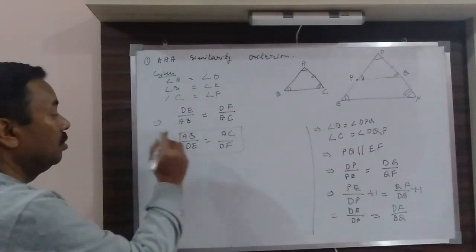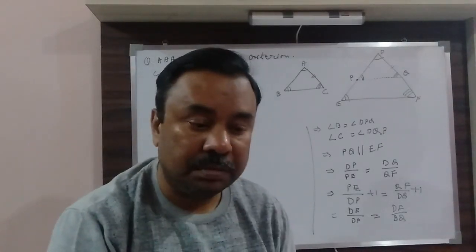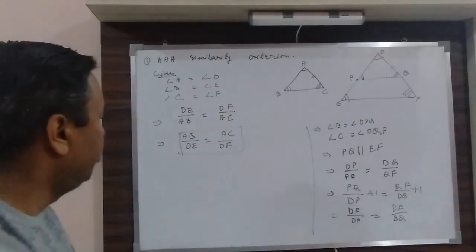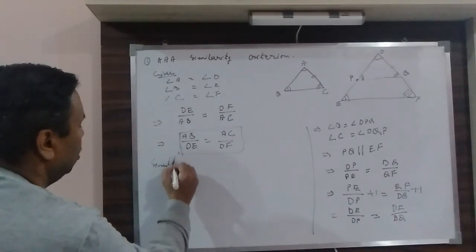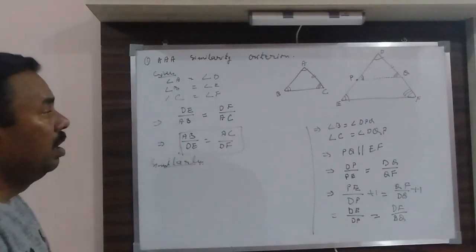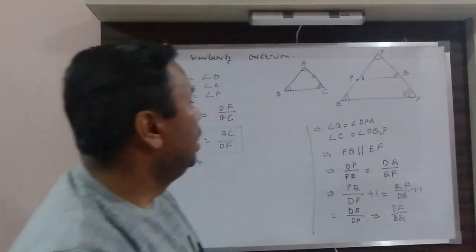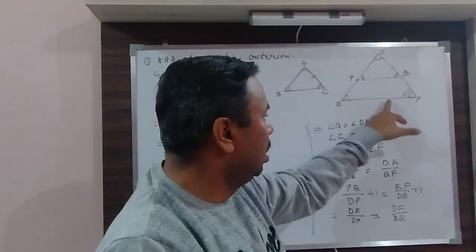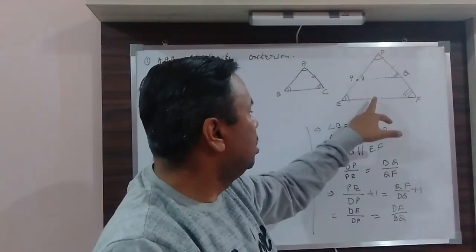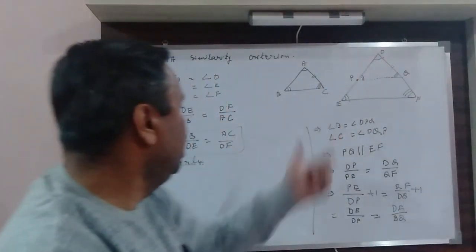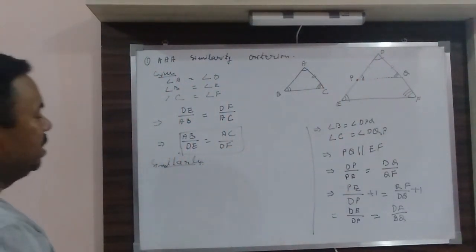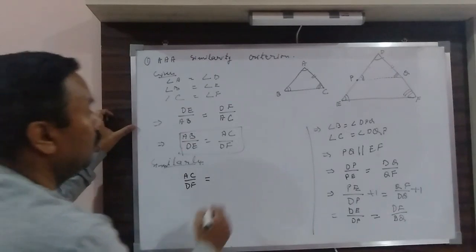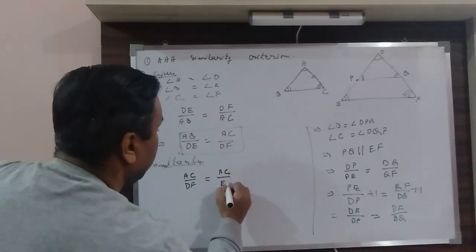This is one condition. Now what about the third side? In a similar way you can prove it: just draw another line, take 2 points on this and divide it like this, and you can prove that AC over DF is equal to BC over EF.